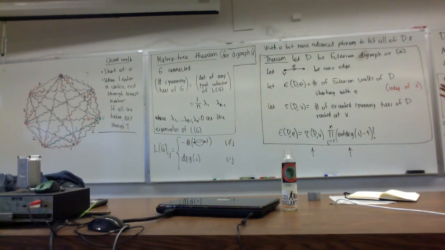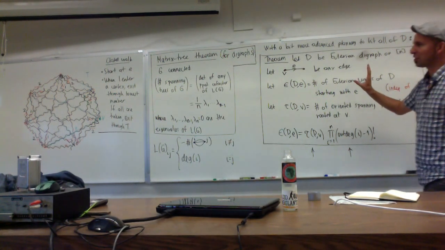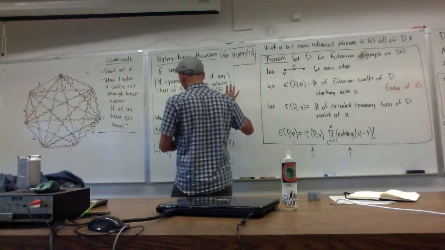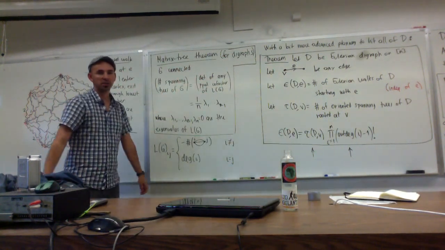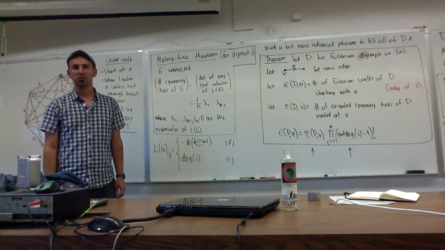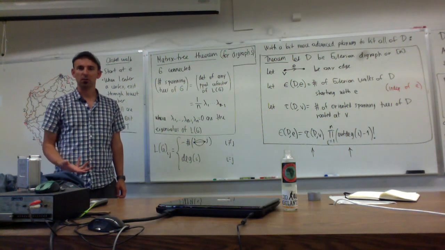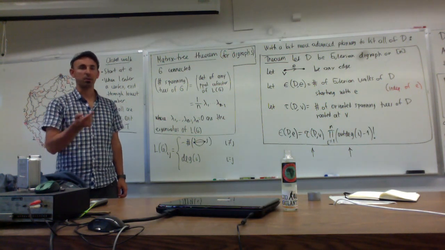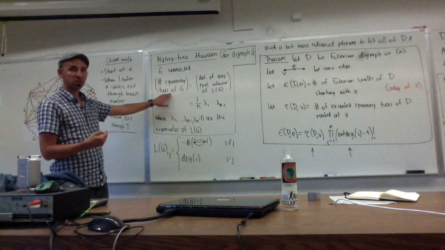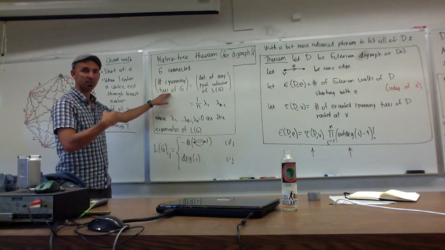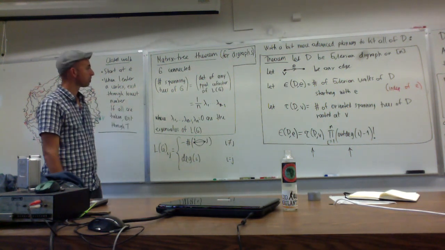Now, the thing is that I wanted to write this to motivate a matrix tree theorem for digraphs. Because we had a matrix tree theorem for graphs that are not oriented. But now we want not the spanning trees of G, but we want the spanning trees that are oriented and rooted at a vertex. Okay.